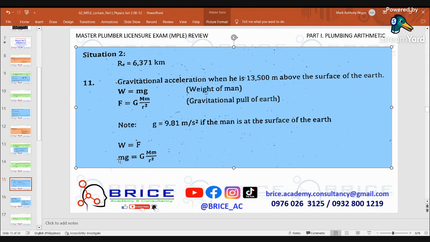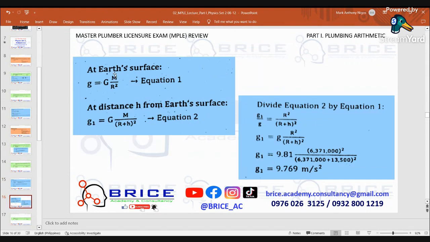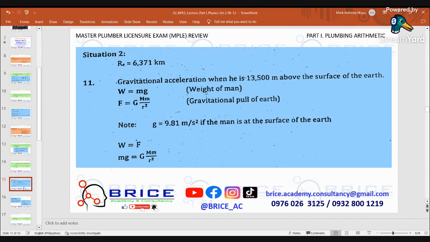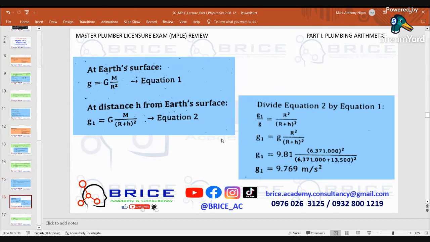If we substitute, mg is equal to G M m over r squared. At Earth surface, g is equal to G M over r squared, equation 1.